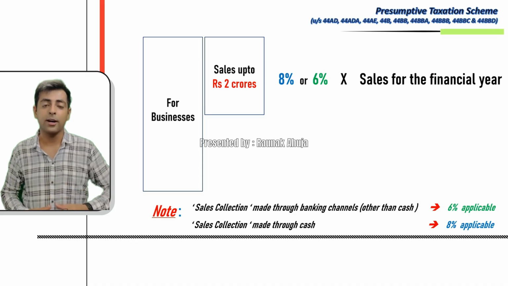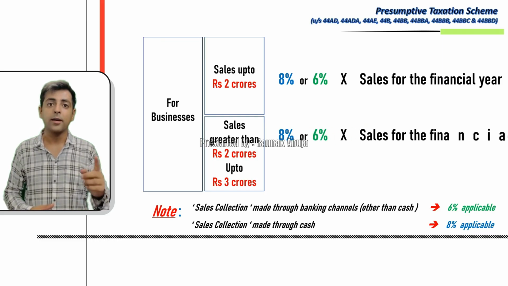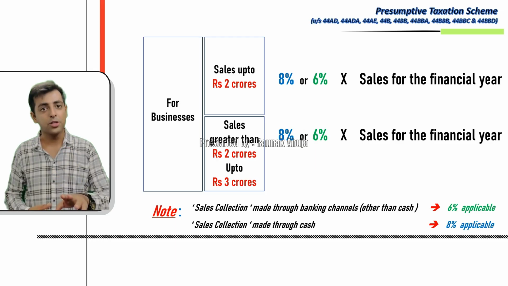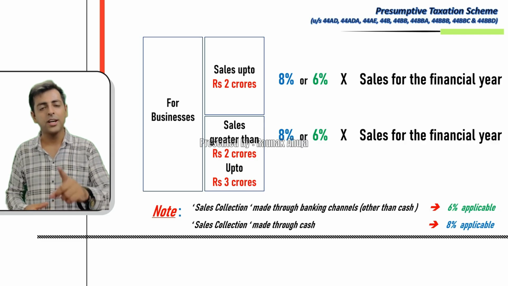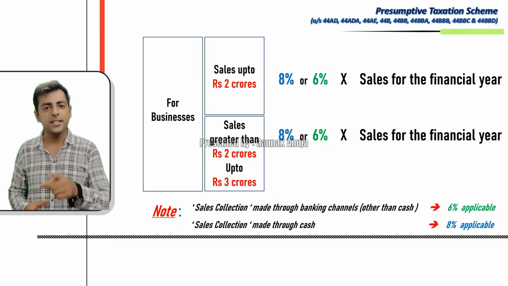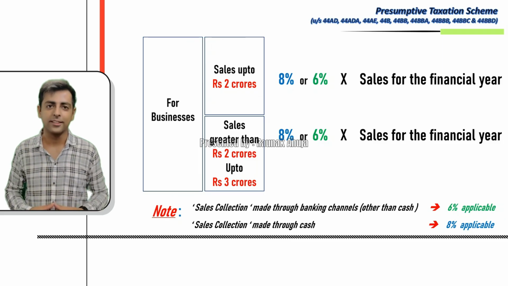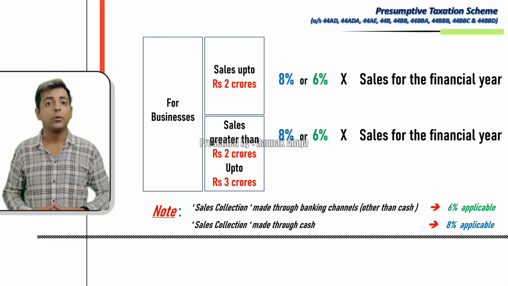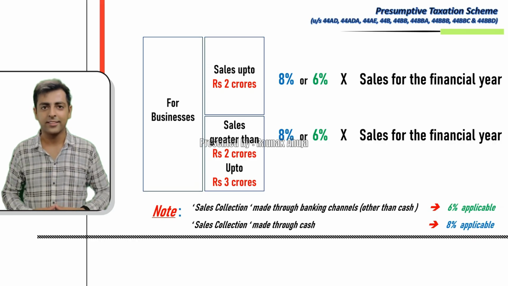Now, moving on to the next part. In case your turnover is greater than 2 crores but is up to rupees 3 crores, you will still be eligible for this scheme. The manner of calculation would be the same, and the rate of percentage would also be the same. That is, 8% or 6% of the total turnover that you made during the financial year. But here, there would be one additional condition that you would need to satisfy.